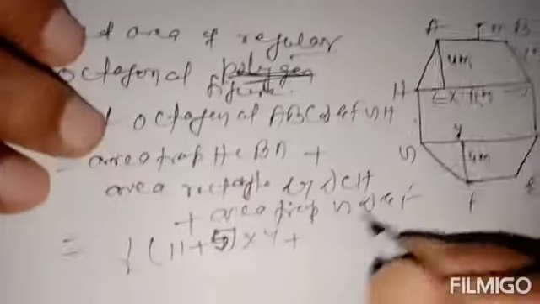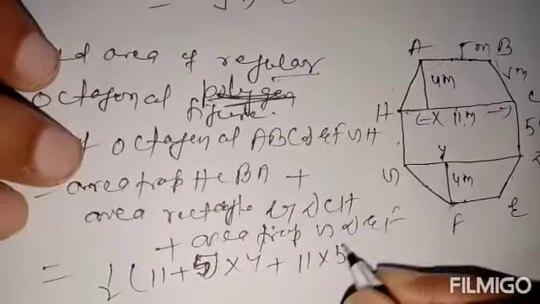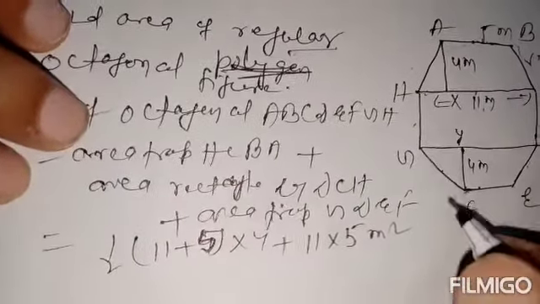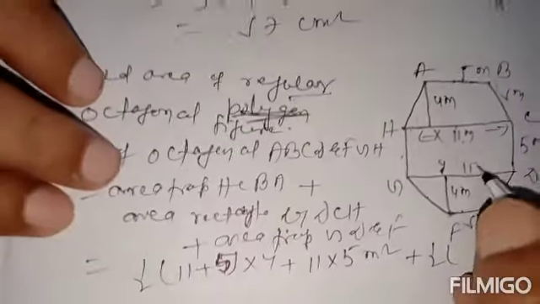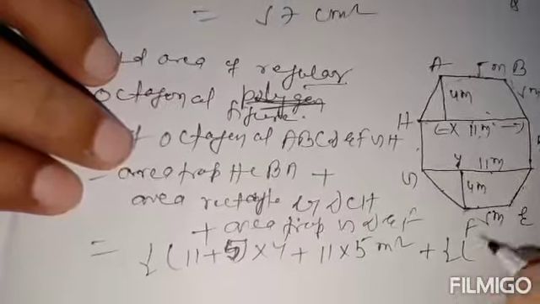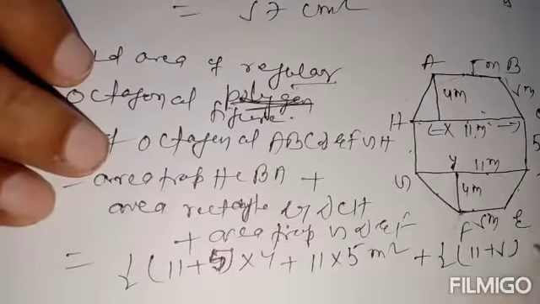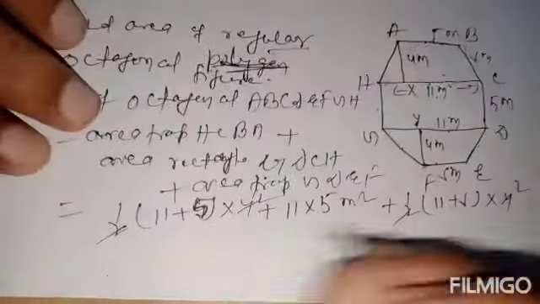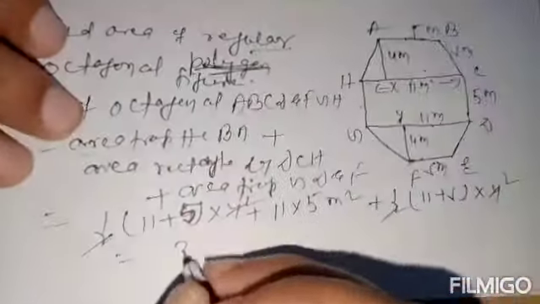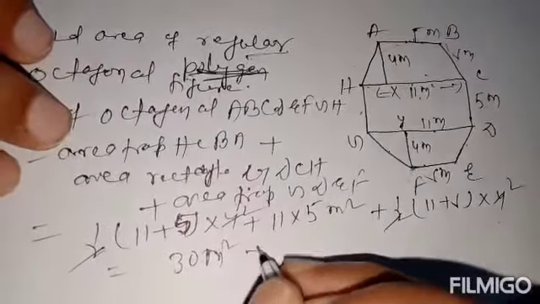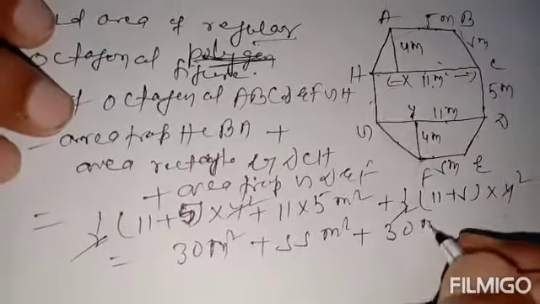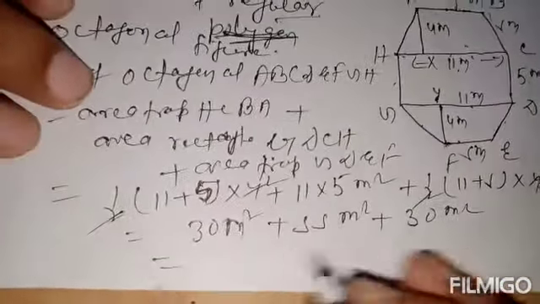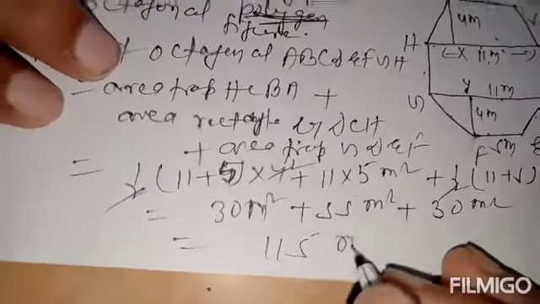We know that L into B, the L is 11 into 5 meter square, and this is also a trapezium, so half into sum of parallel sides, 11 plus 5, into 4. 2 2s are 4, so 15 into 2, 30 meter square, plus 55 meter square, plus 30 meter square. So 60 plus 55, 115 meter square.